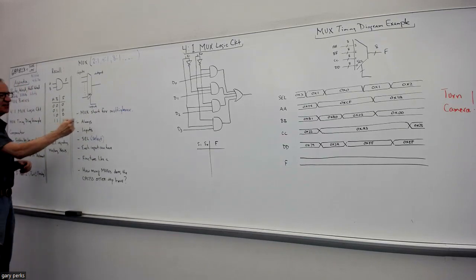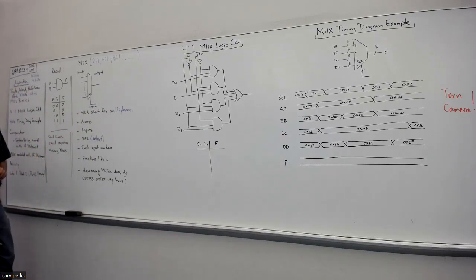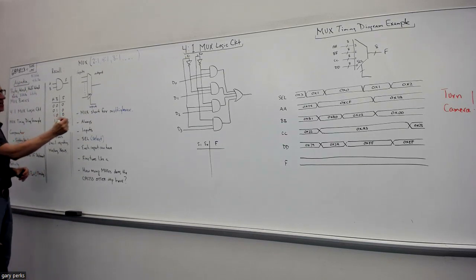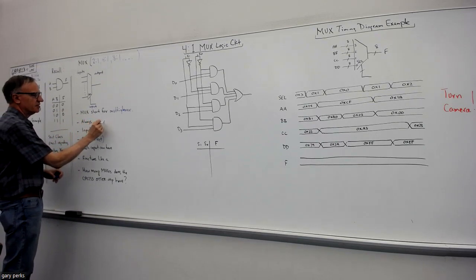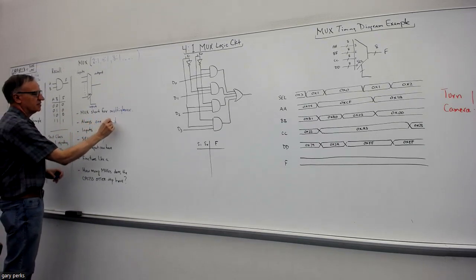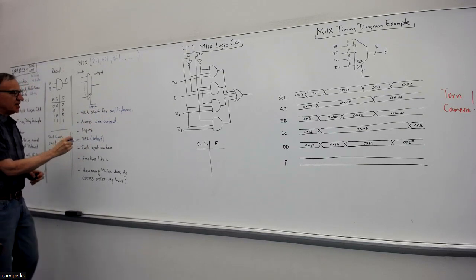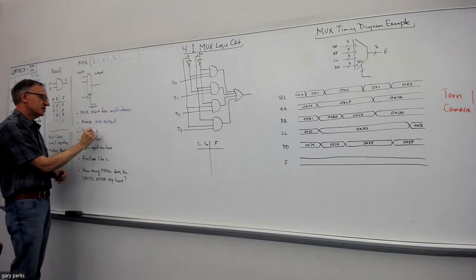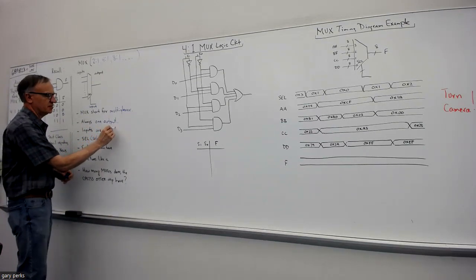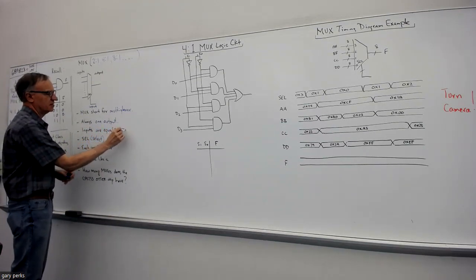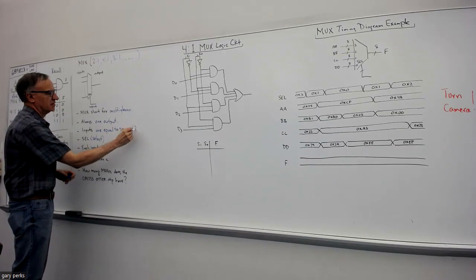All right, so just filling out some of the things here in my little cheat sheet, my little bullet list. Always 1 output, like we said earlier. And inputs are equal to a power of 2. So again, 2, 4, 8, and so on.